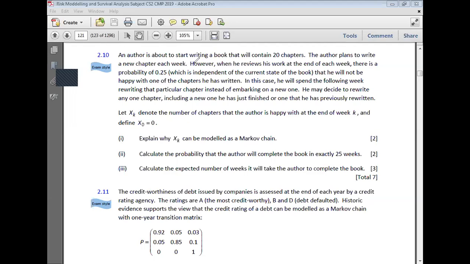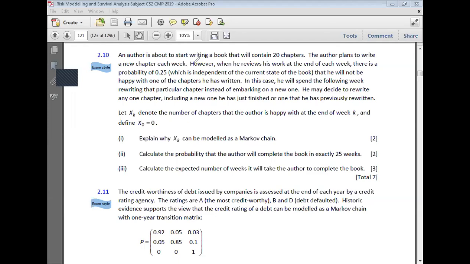In this case, he will spend the following week rewriting the particular chapter instead of embarking on a new one. He may decide to rewrite any one chapter, including a new one he has just finished, or one that he has previously rewritten. Let xk denote the number of chapters that the author is happy with at the end of week k, and define x0 equal to 0.